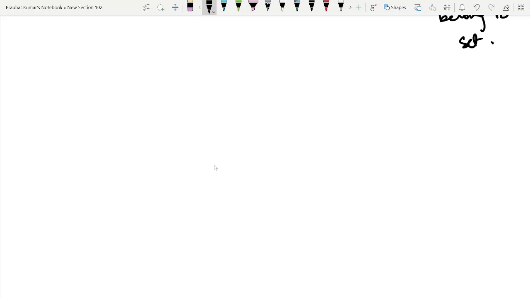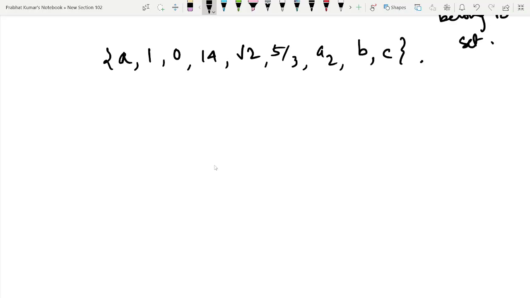So you can see some examples. Let us take this set, like this is A: 1, 0, 14, root 2, 5 by 3, A2, then B, then say C. So let this set be represented by A. We can say 1 belongs to A. We can say 0 belongs to A. 5 by 3 belongs to A. Or you can say A2 belongs to A, and so on.